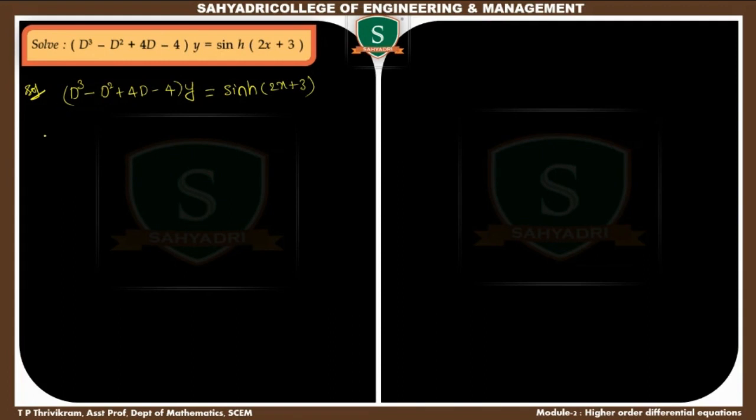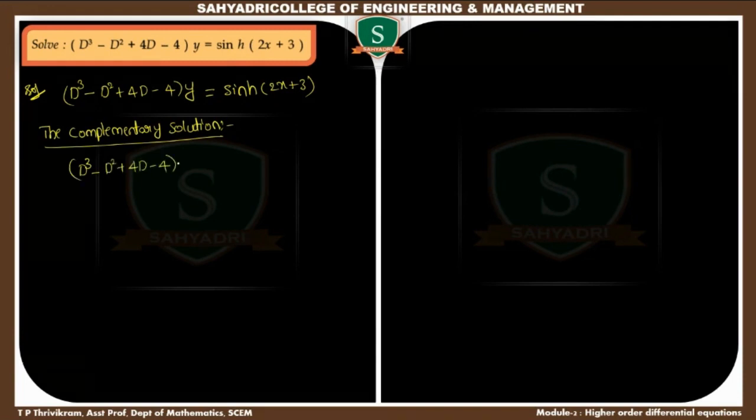Okay, so the complementary solution is, take LHS equal to 0, that means d cube minus d square plus 4d minus 4 into y is equal to 0, which implies the auxiliary equation is m cube minus m square plus 4m minus 4 equal to 0.